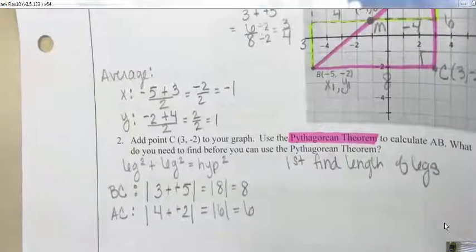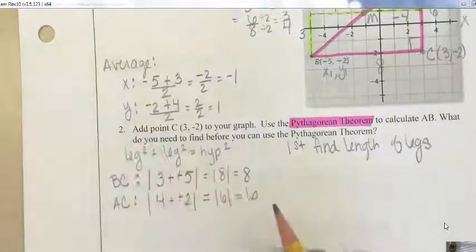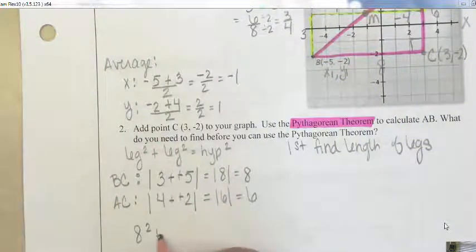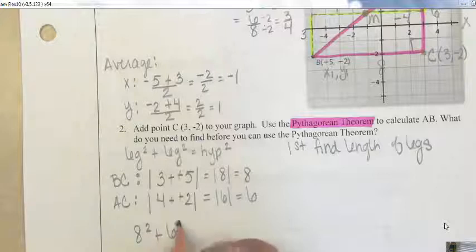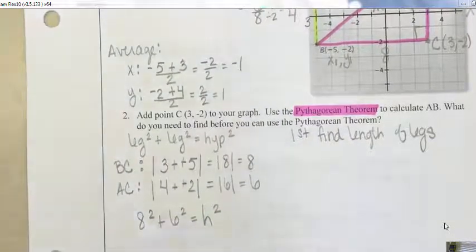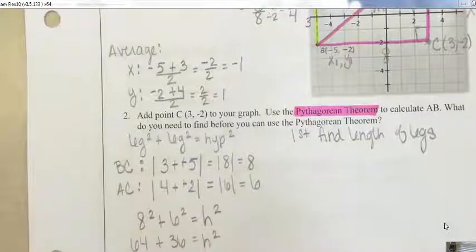So now, if I want to use the Pythagorean theorem, well, one of my legs is 8. The other leg is 6, so I square that. And that's going to give me the hypotenuse. I'm just going to call that h squared. So this is 64 plus 36 equals h squared, or h squared equals 100.